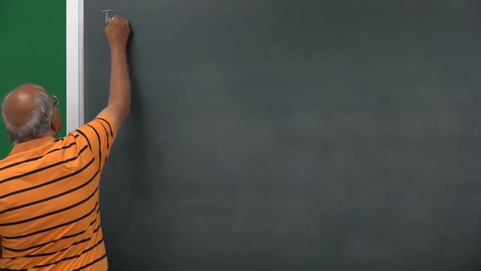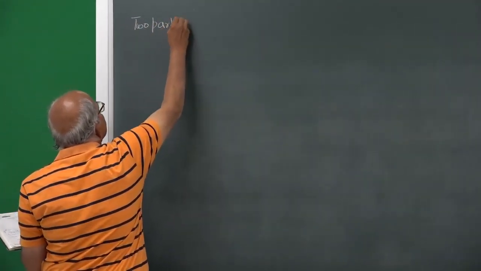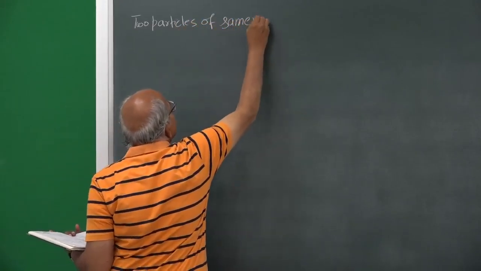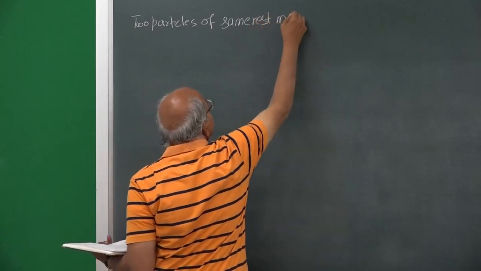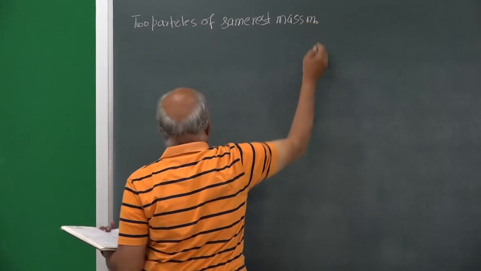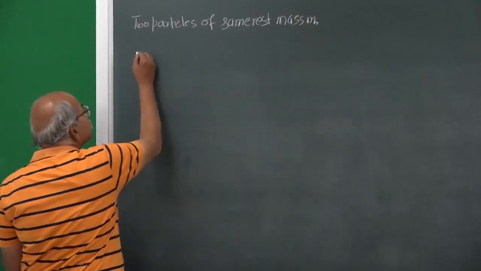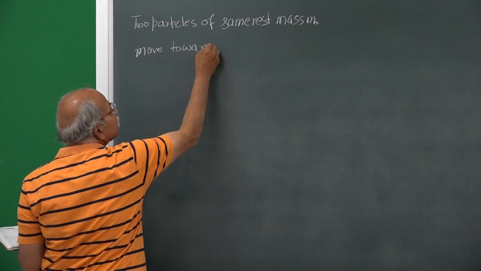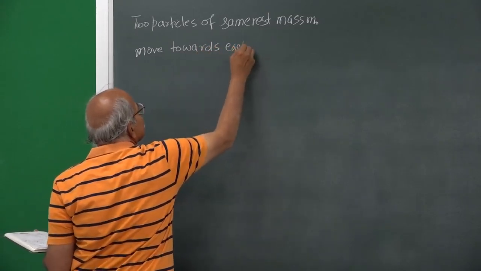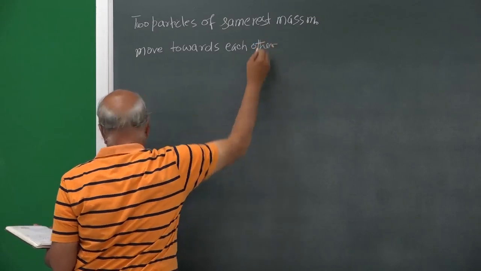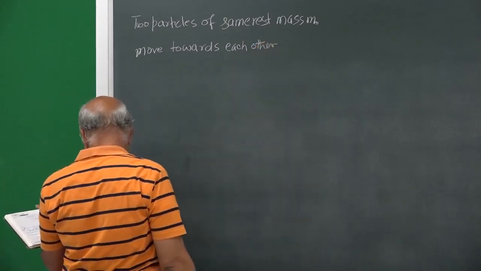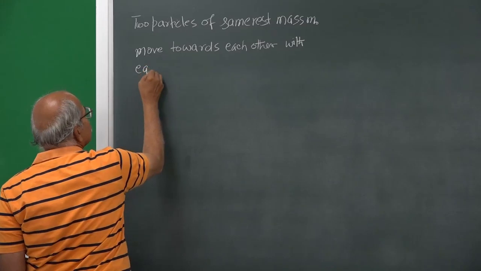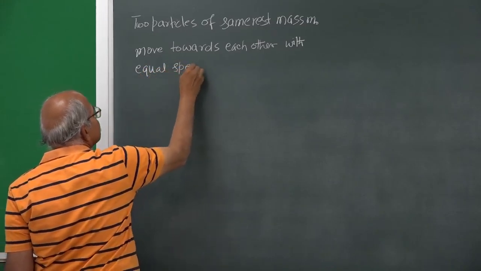The next question is: two particles of the same rest mass m0 move towards each other with equal speed v.